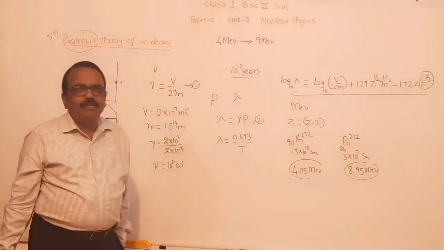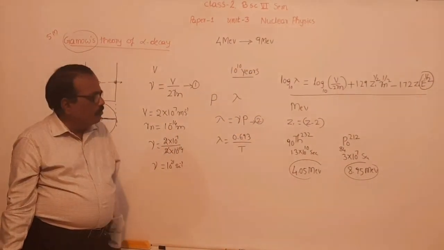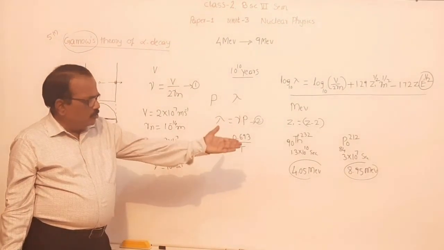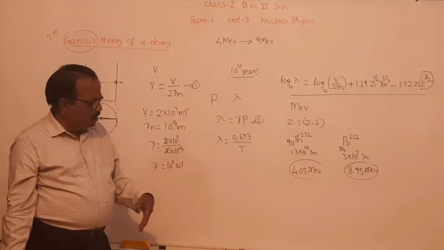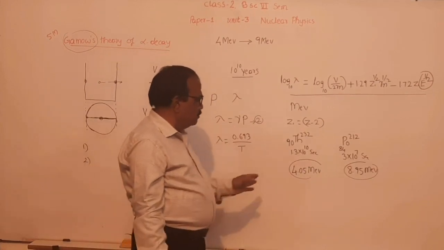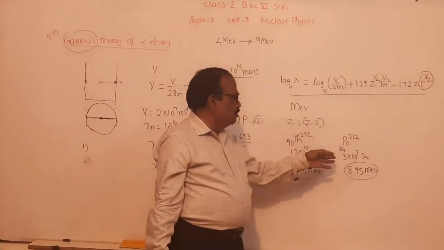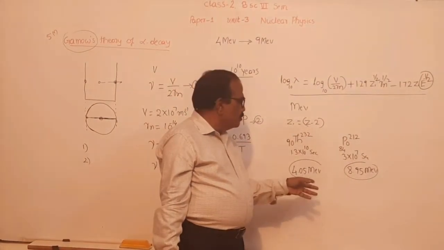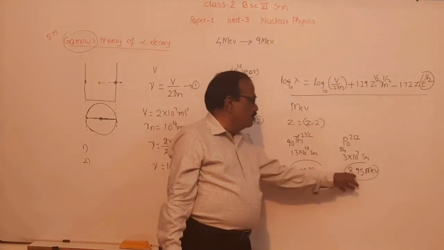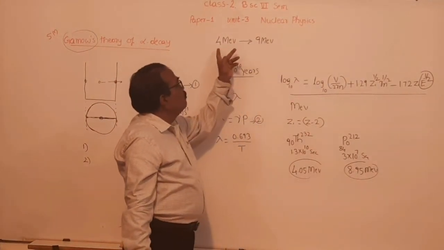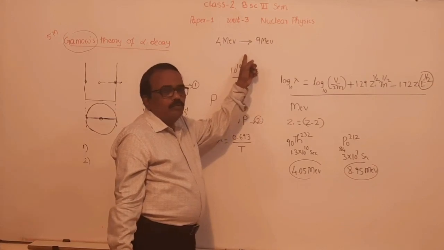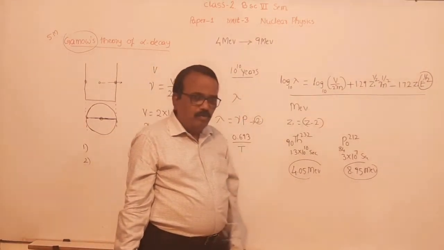For other elements, the energy lies between these two values, which holds good for 4 mega electron volts to 9 mega electron volts.